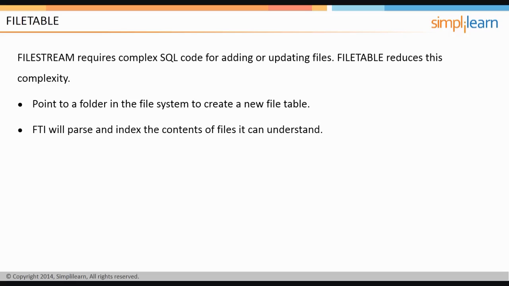Full-text indexing will also parse and index the contents of all the files it can understand. The sync is set up to be bidirectional. That is, you can add, update, or delete files either on the file system or in SQL Server, and it will sync to the other side automatically as well as update the FTI.